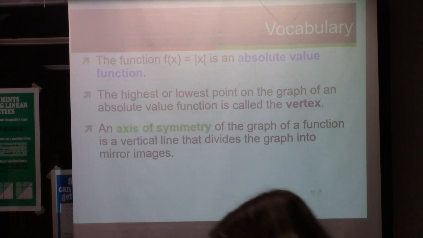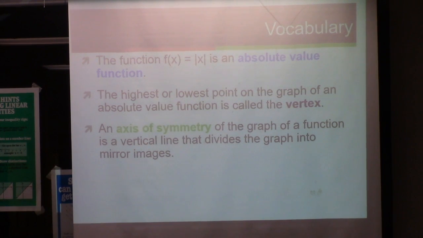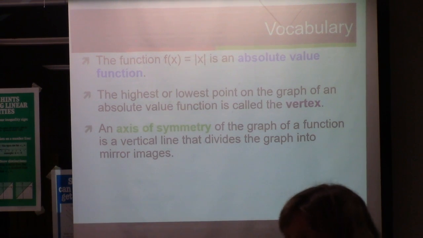So we've just done these two vocabulary words right here, axis of symmetry and vertex.